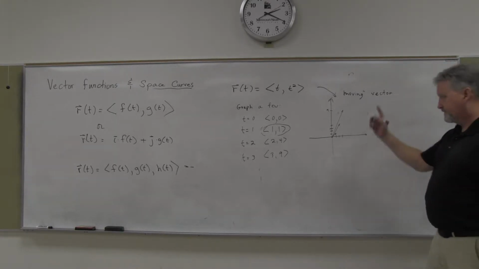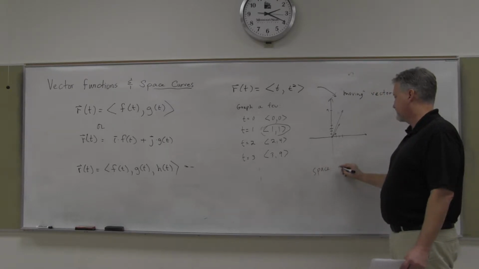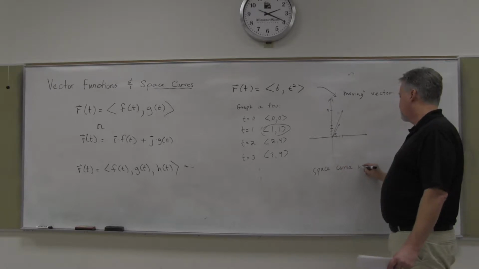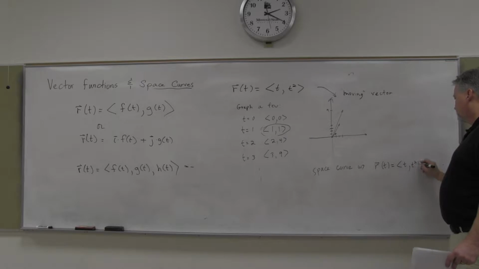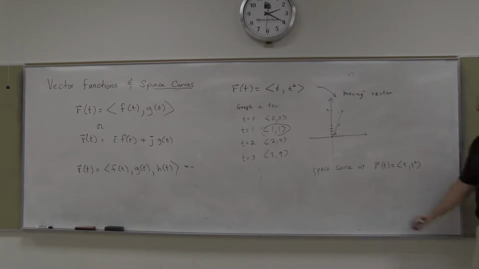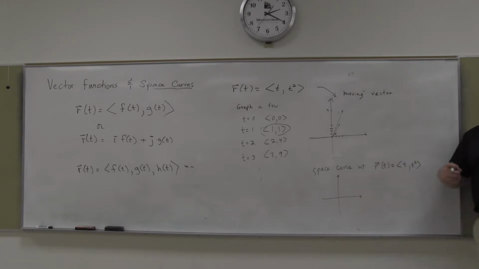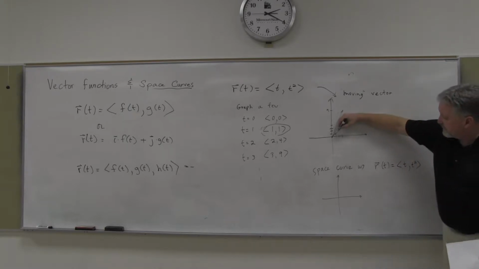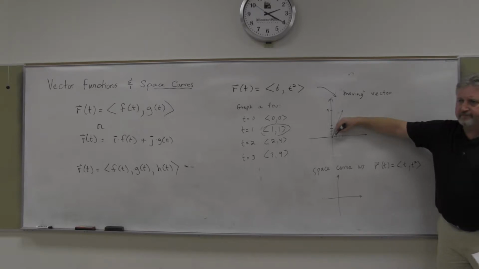So let's sketch the space curve with the position vector, using the same one since we've got it handy. What space curve does it give? What you really do is think about the terminal points. The space curve defined by this vector function is just going to be the terminal points.